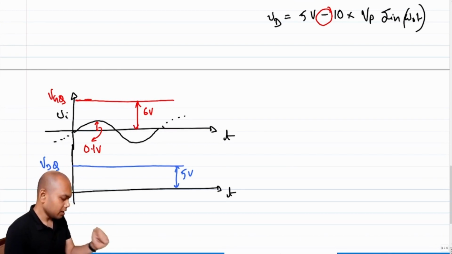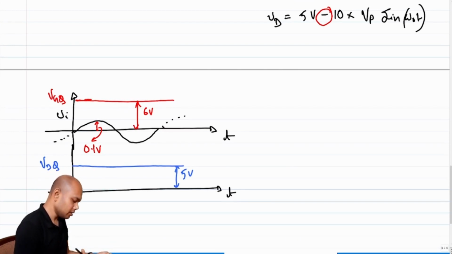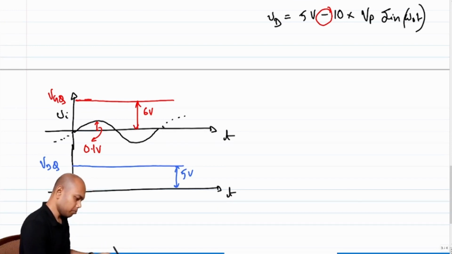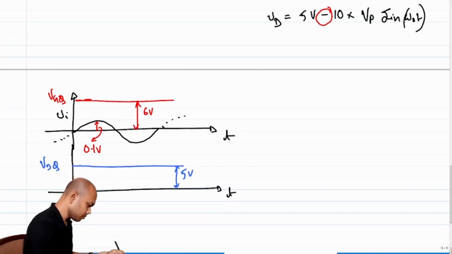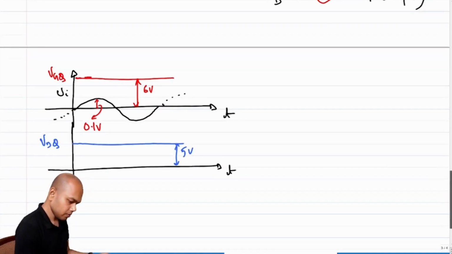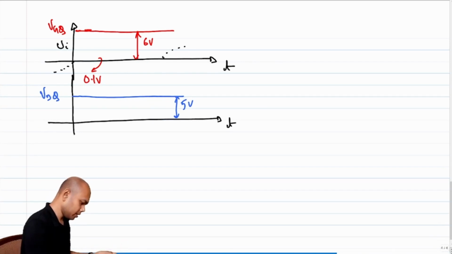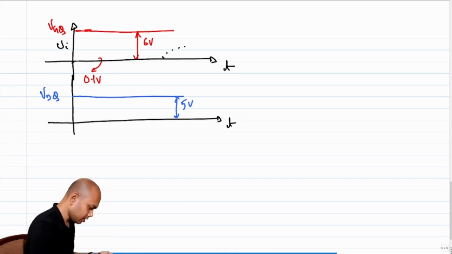Okay, so how should I sketch this? This minus 10 Vp sine omega t should look like ten times, let me make this shallower, otherwise it really doesn't make too much sense. Let me make it as shallow as I can without losing the context.